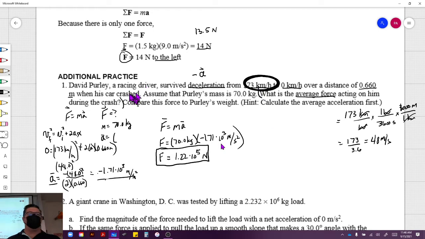Okay. Then compare this to Pearlie's weight. Right? So Pearlie's weight is 70 kilograms times force of gravity. I'm just going to call it 10 right now. All right, so his weight equals 700 newtons. So 1.22 times 10 to the fifth newtons divided by 700 newtons.